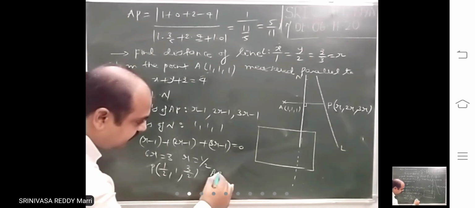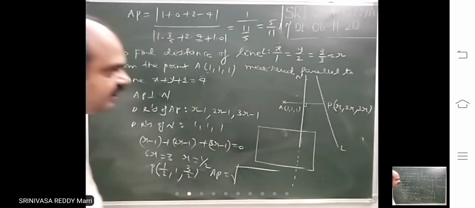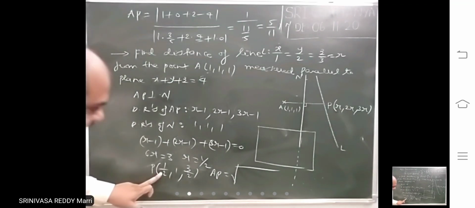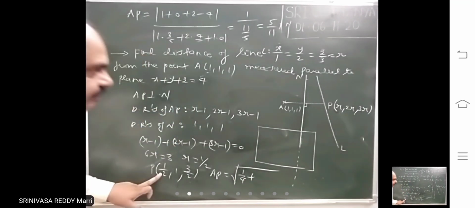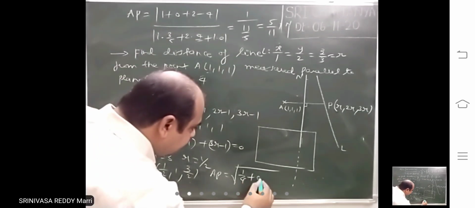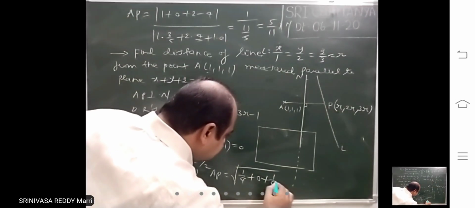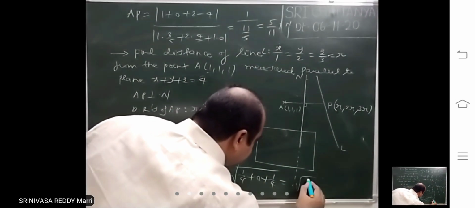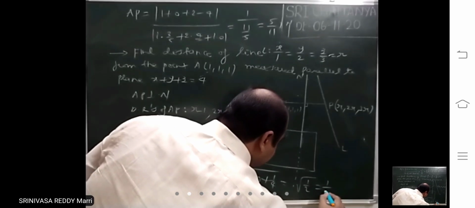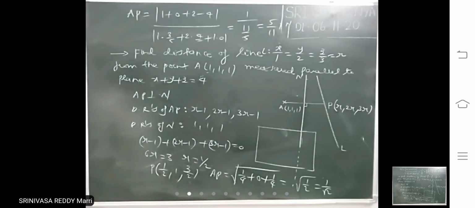Required distance is AP: root of (1 minus 1 by 2) whole square, 1 by 4, plus (1 minus 1) whole square, 0, plus (3 by 2 minus 1), 1 by 2 whole square, 1 by 4. So root of 1 by 2, distance is 1 by root 2. That is the required distance.